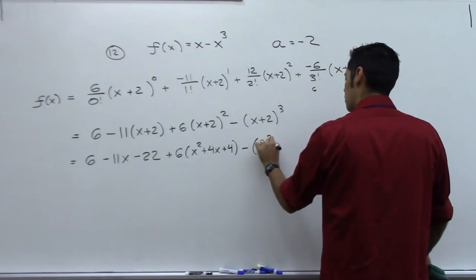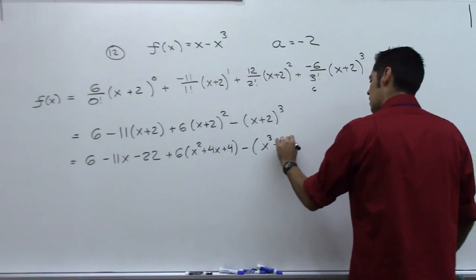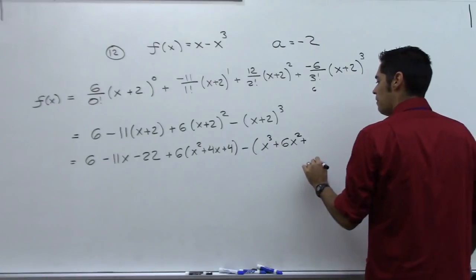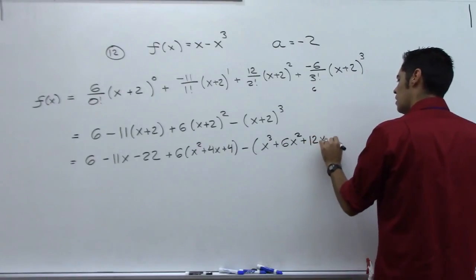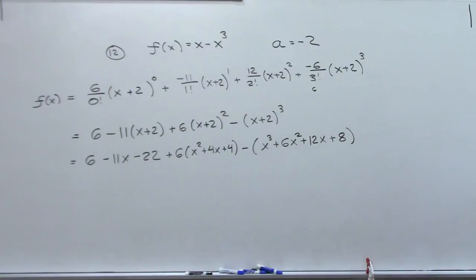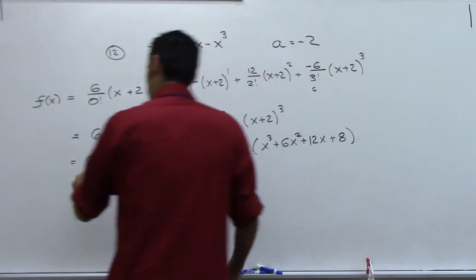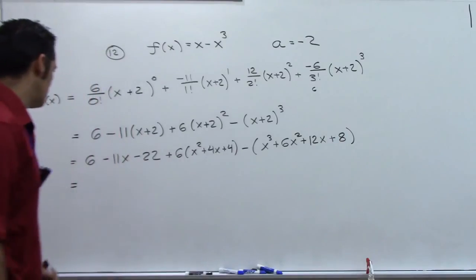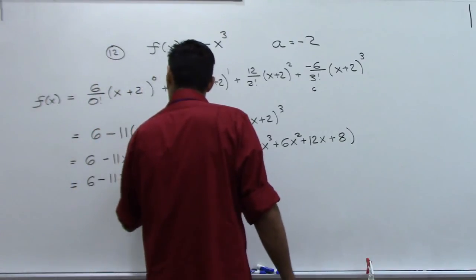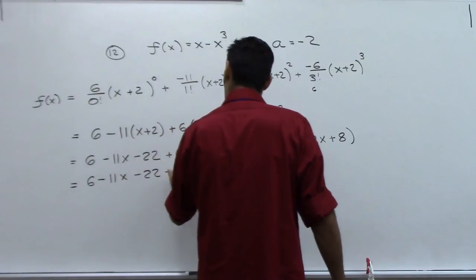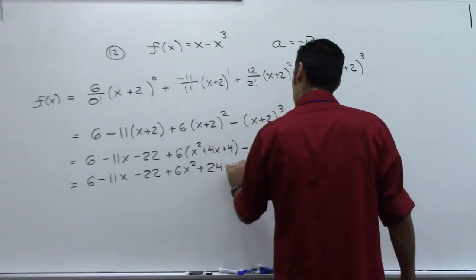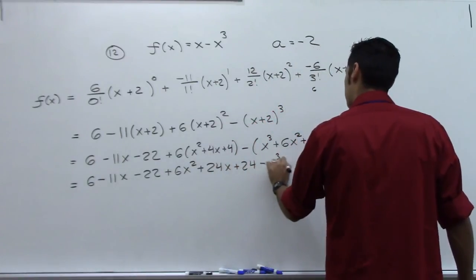It should be x cubed plus 6x squared plus, let's see if I get this right, 12x plus 8. Pretty sure that's what it is. And then let me try and clean up a little more. Distributing this 6 through. Distributing the negative through.